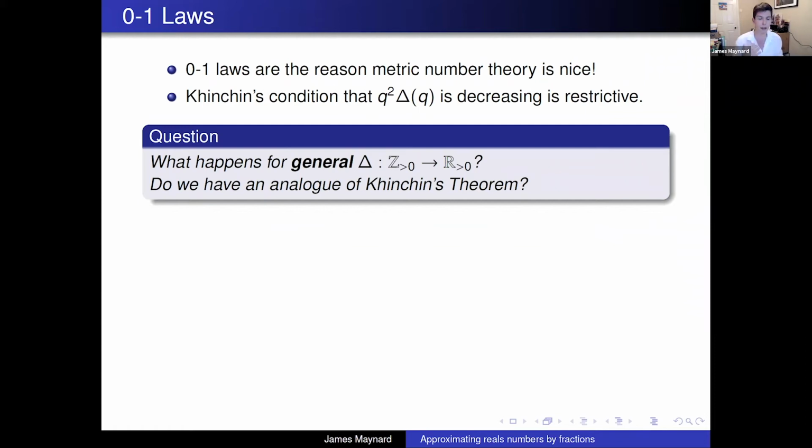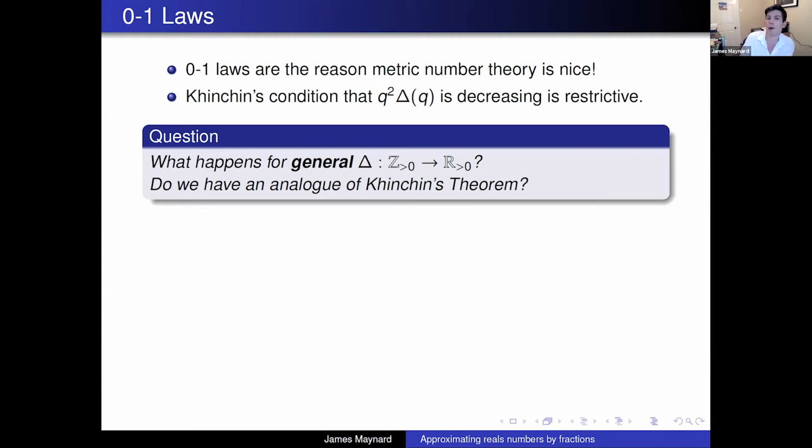So it's precisely the fact that you often have these 0-1 laws, where either you have almost everything or you have almost nothing, and there's a simple criterion to tell which case you're in, which is why you get these very nice clean results. And this is why people study metric number theory, that these measure zero sets of exceptions allow you to say almost everything is what you want or almost nothing is what you want.